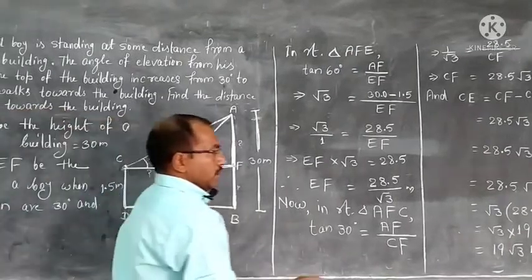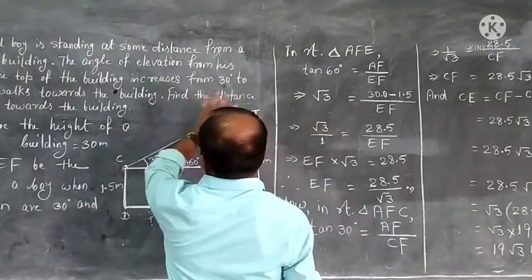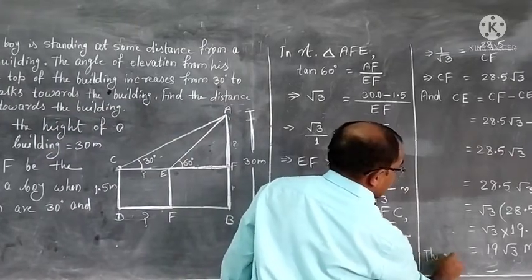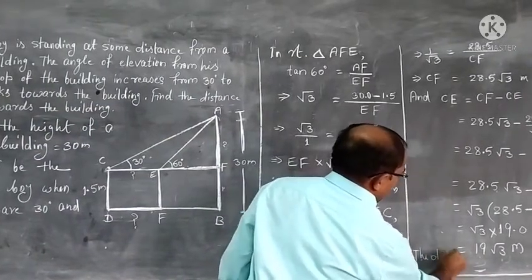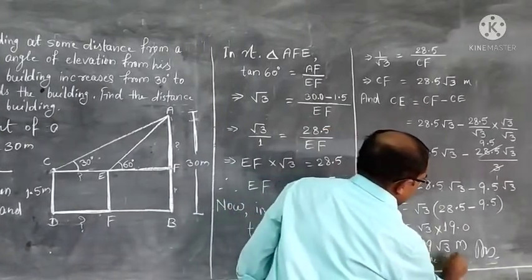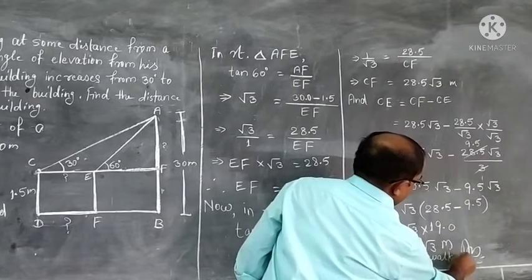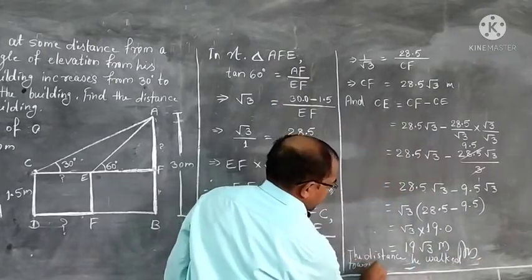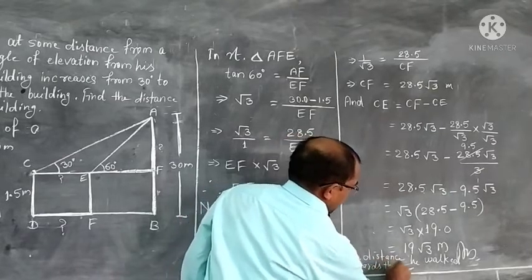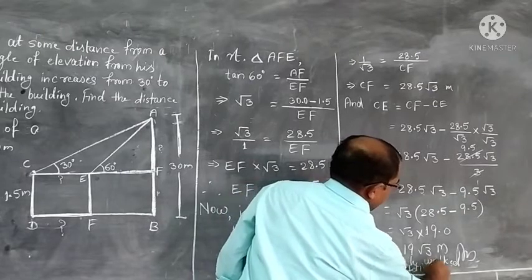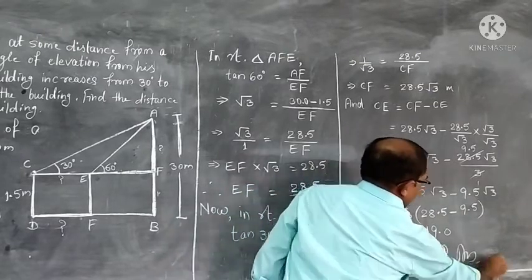Question was what? Find the distance he walked towards the building. Therefore, the distance we can write here, the distance he walked towards the building, is this 19 root 3 meter.